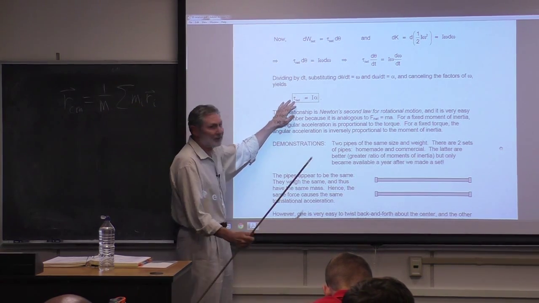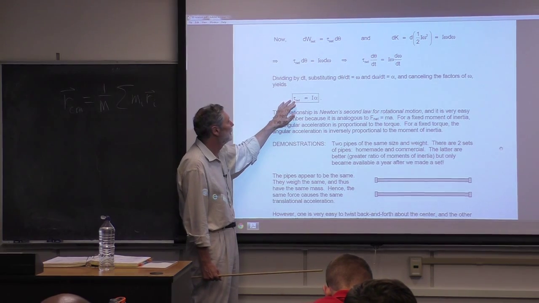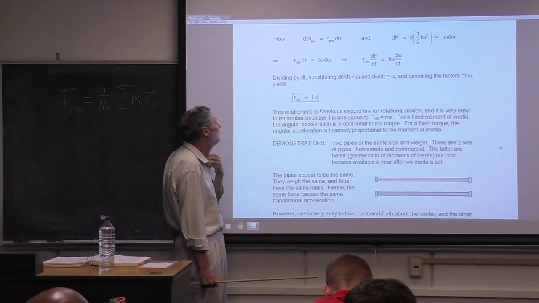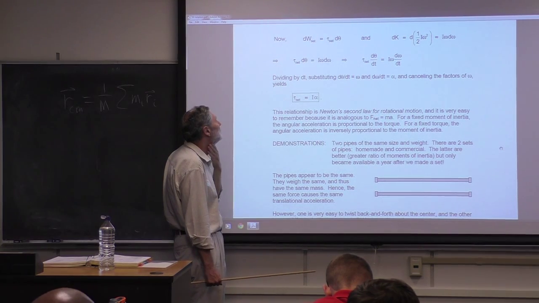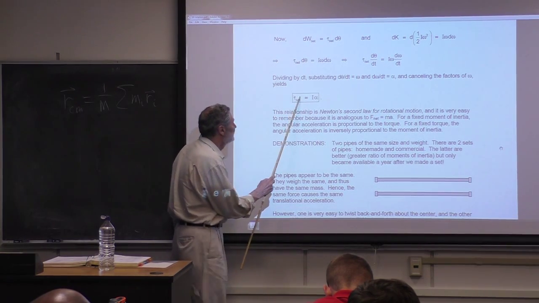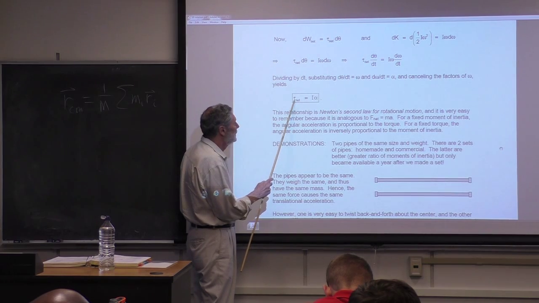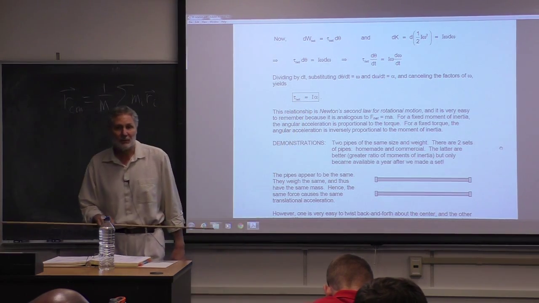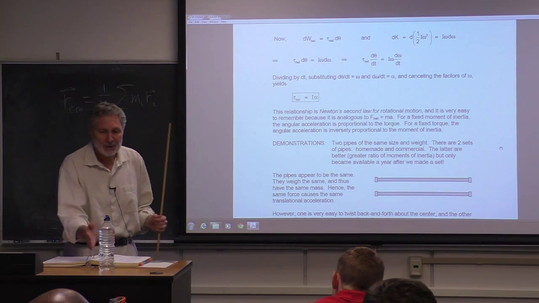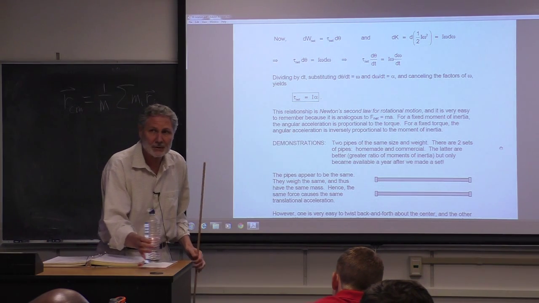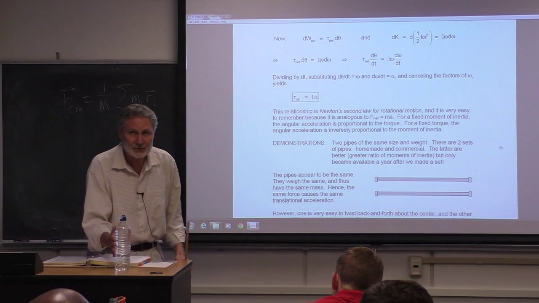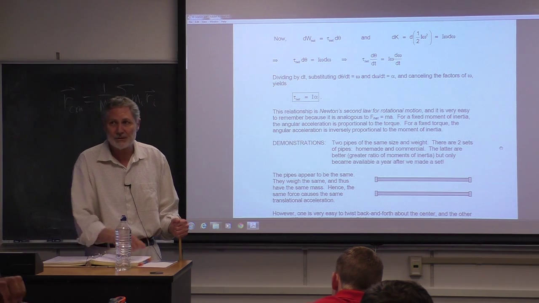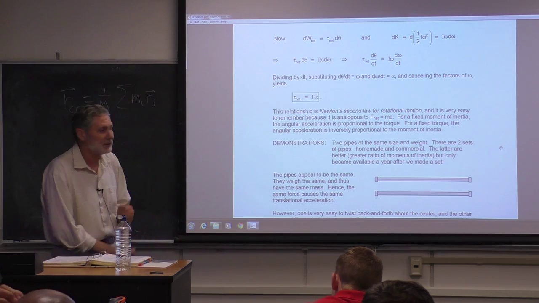If you have a fixed torque, a constant, then the angular acceleration is inversely proportional to the moment of inertia. And this is just analogous to when I try to accelerate something. I've got a certain force I'm going to exert on it. If I increase the mass, it's going to have less acceleration, and they're in inverse proportion. So the same thing has happened rotationally here.